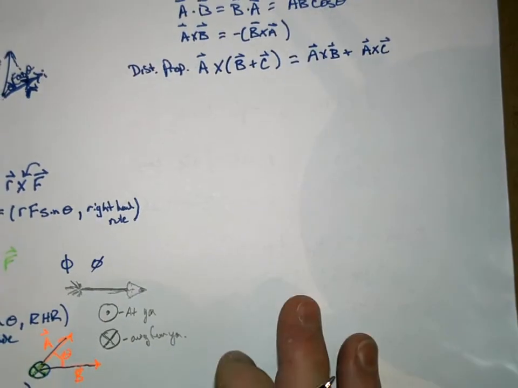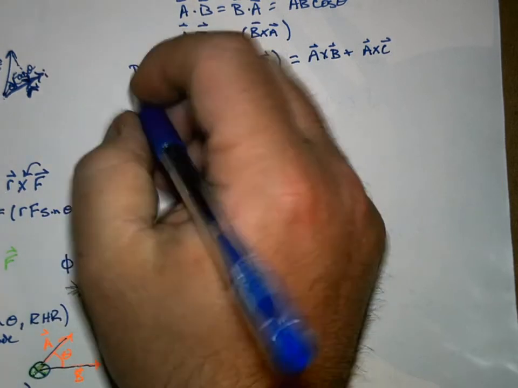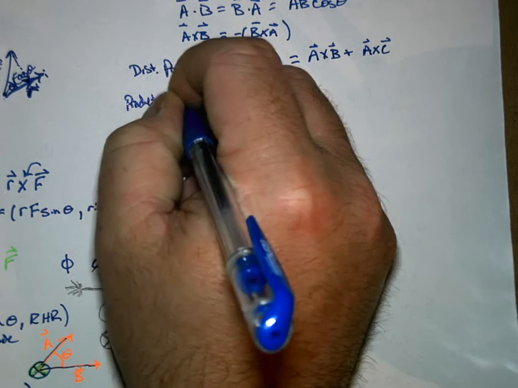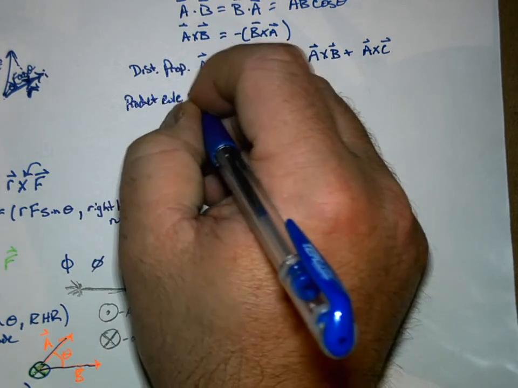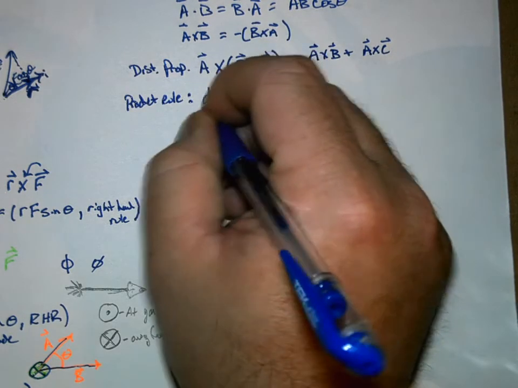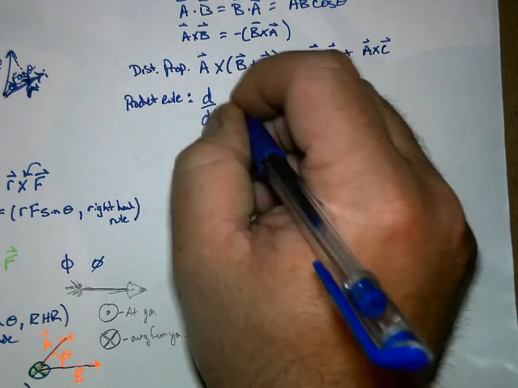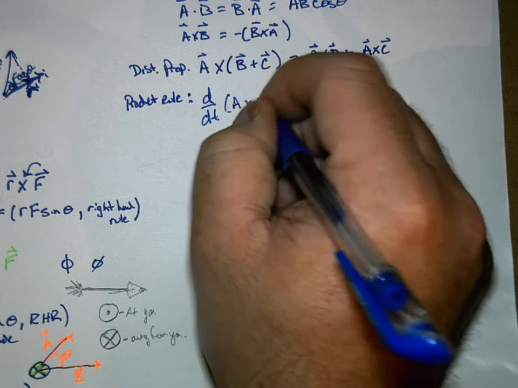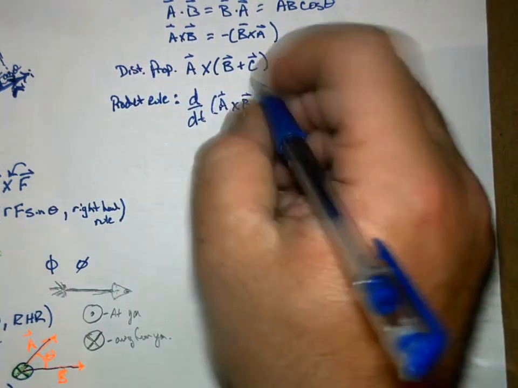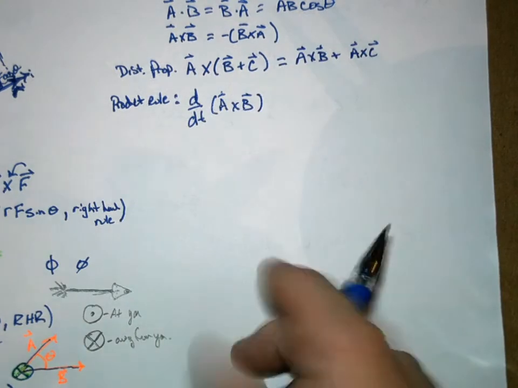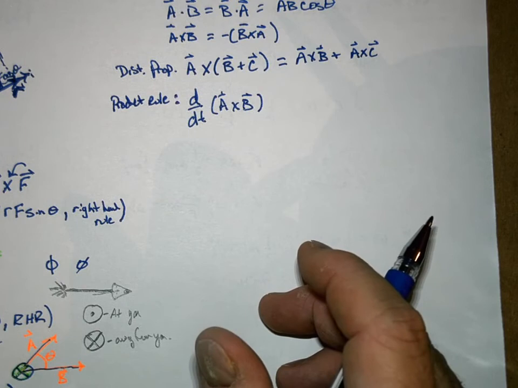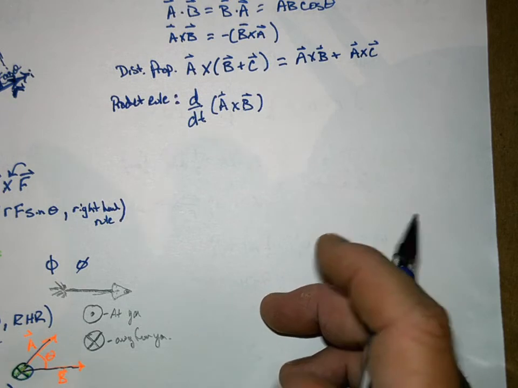However, the product rule, which we're going to use, is a little different. If we take the time derivative d/dt of A cross B, it's a little different, because normally it would be derivative of A times B and derivative of B times A. Well, we have to do it in the particular order because there remain some cross products in there.